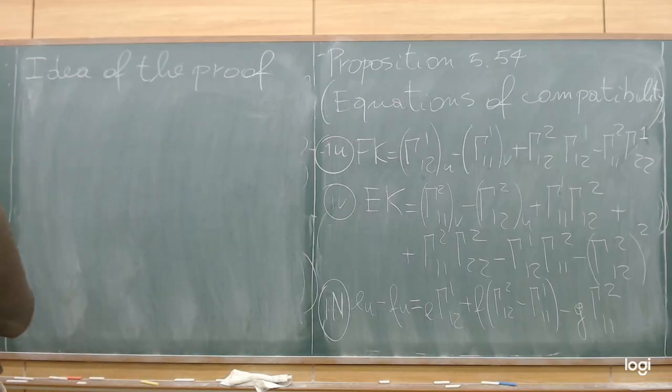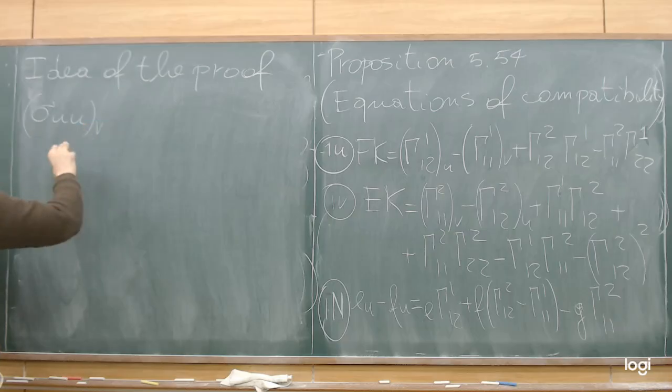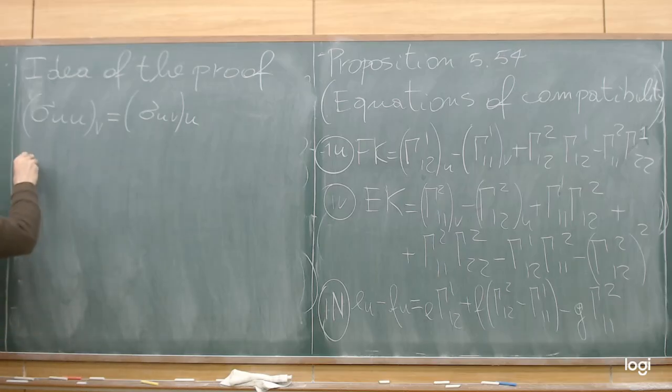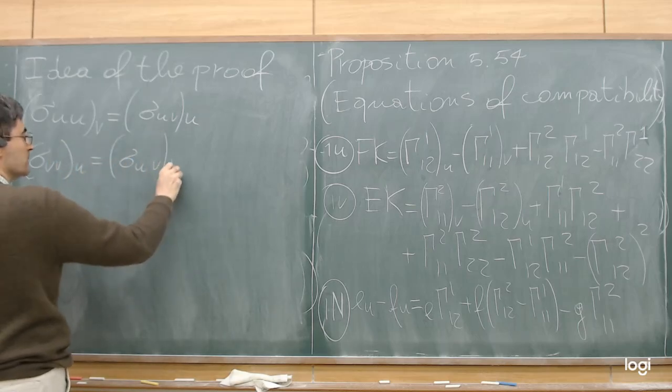The idea of the proof is the following. Consider the identities sigma uv v equal to sigma uv u, and sigma vv u equal to sigma uv v.